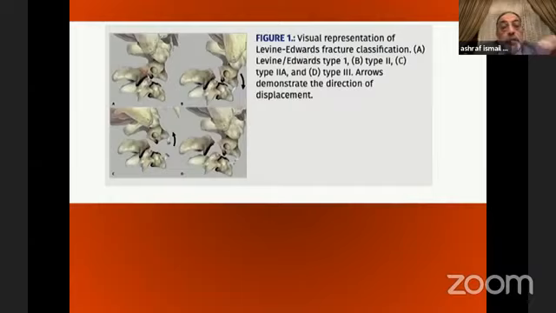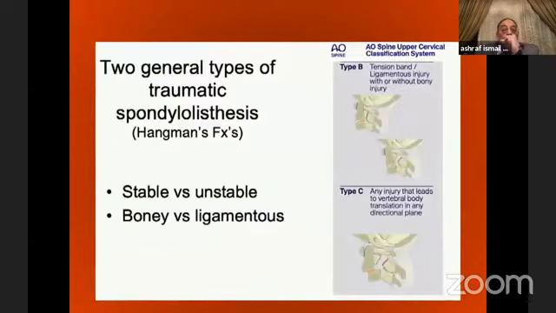With type D, as we said, it is a flexion injury leading to dislocation of the facets and then high rebound hyperextension leading to the fracture of the pars interarticularis. With that classification, we will pass to the AO classification.